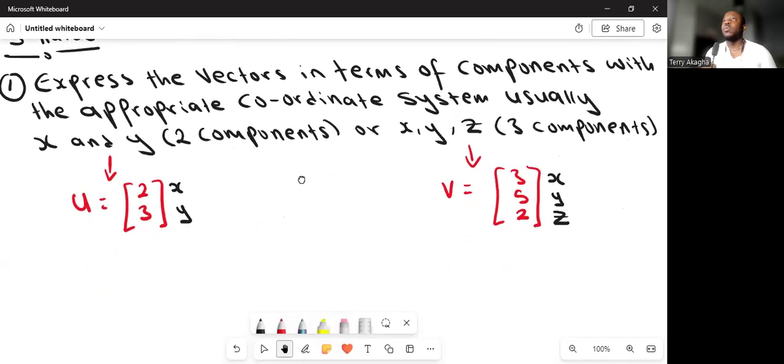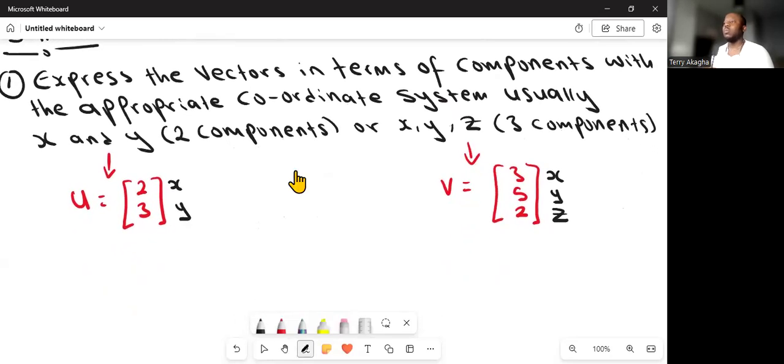Then number 2, you have to add the vectors. We simply add the vectors in the order in which they have the corresponding coordinates. That means you add the x's together and the y's together, and if it's a 3-component, you add the x's together, the y's together, and the z's together.